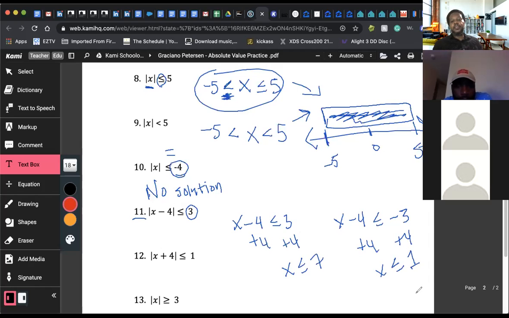So that is going to give us our range. So that means our range is 1 is less than or equal to x, which is less than or equal to 7. So that's the only range in which this would satisfy that answer. If x is 1 or x is up to 7, that's the only way that it's going to be less than or equal to 3 as the answer.